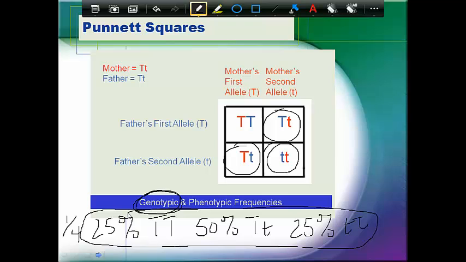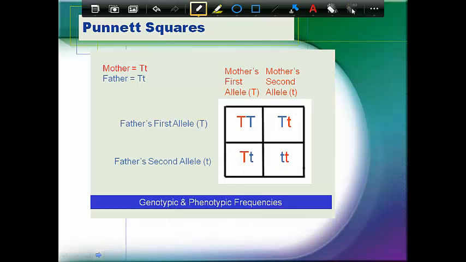Now let's look at the phenotypes. Remember, phenotype is the outward outcome of those alleles getting together. So let's take a look at what they actually look like. Remember, we said tall was dominant and short was recessive. So this guy has 2 dominant talls together. So this potential offspring is tall. So we got 1 tall.